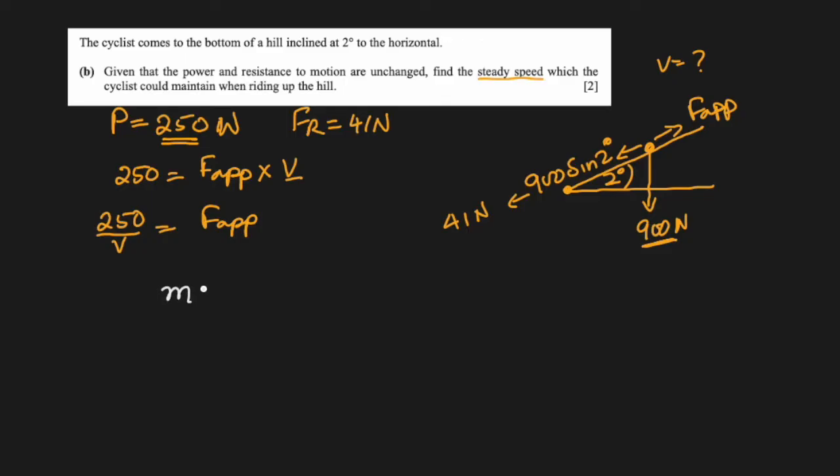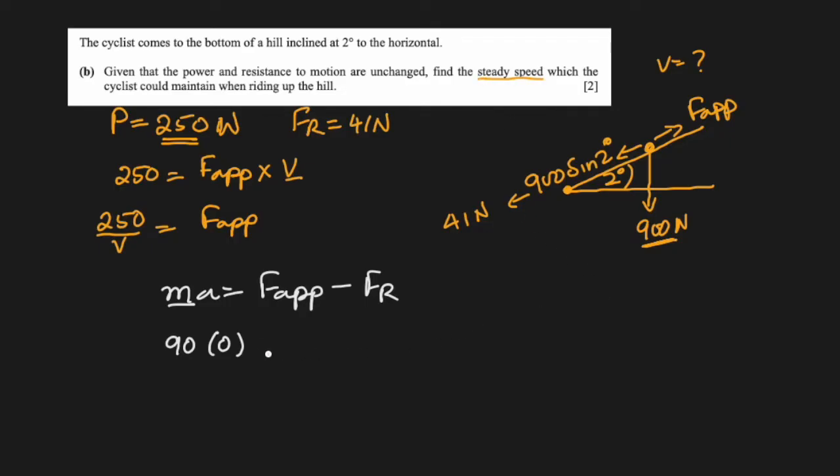All right, and that's what we are going to use in this particular scenario, which is again MA will be equal to the difference of applied force minus resistive force. Mass is 90 kilograms. Acceleration will be 0. Why? Because they said steady speed, same speed, that means no acceleration, right?